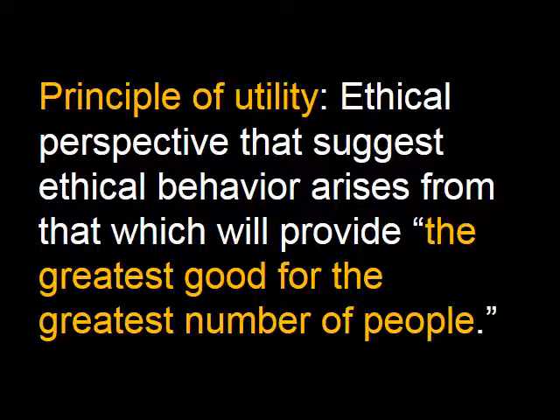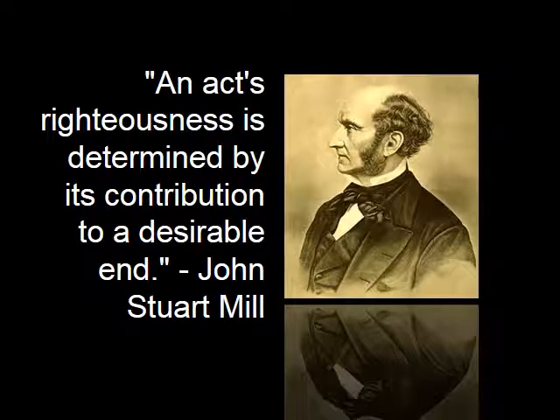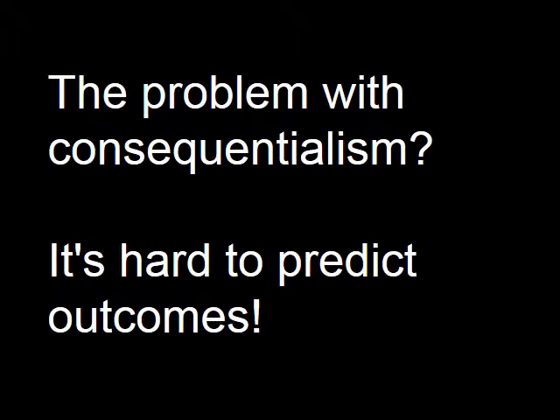That's how you remember utilitarianism, the greatest good for the greatest number of people. Said John Stuart Mill, an act's righteousness is determined by its contribution to a desirable end, a desirable outcome.